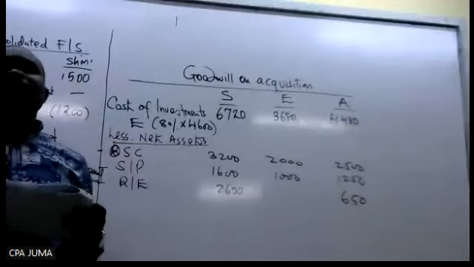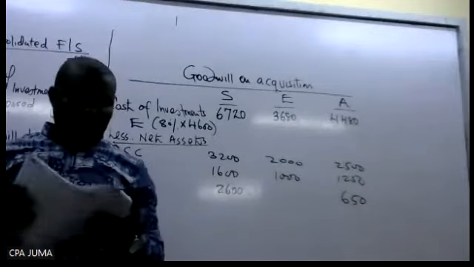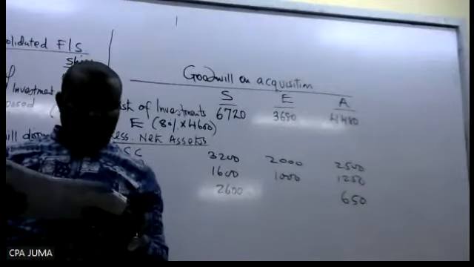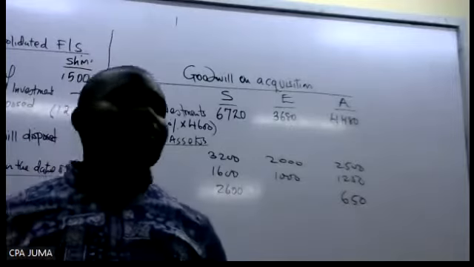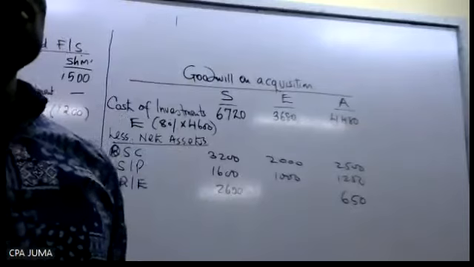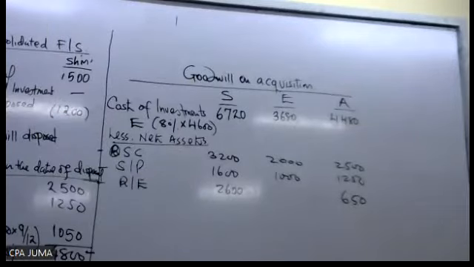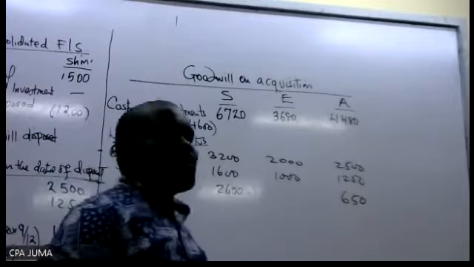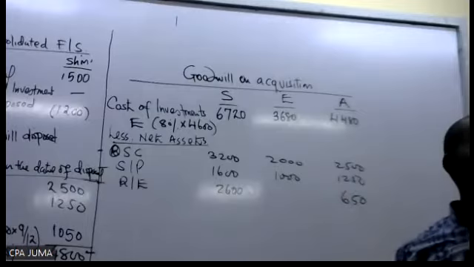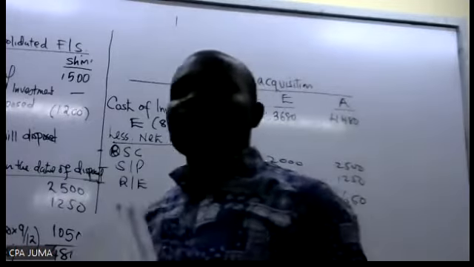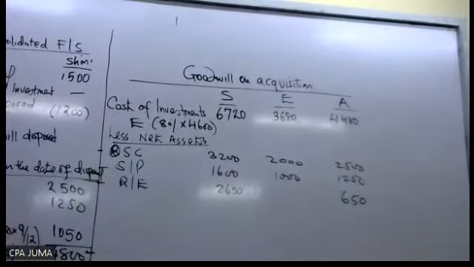Can you check keenly? Are we using 2,750 or 2,400? And if you say, you must justify. We use the profit on the dates of acquisition. So which one are we using?